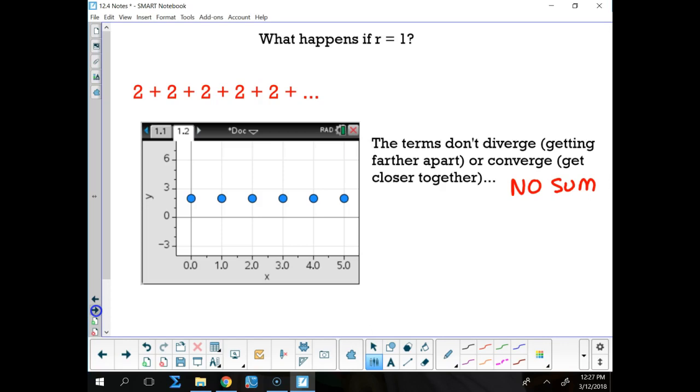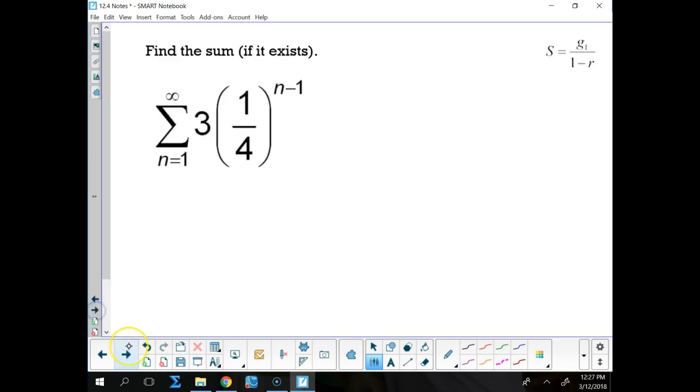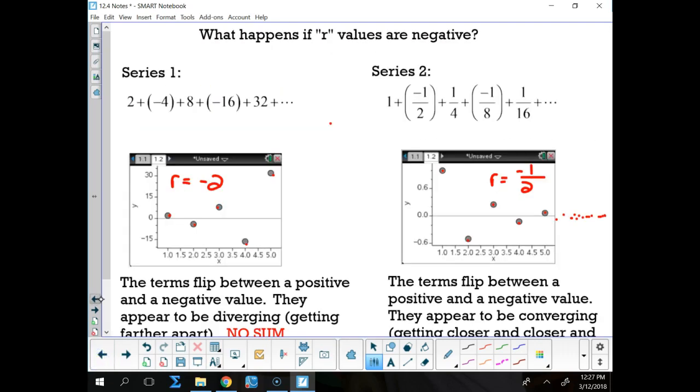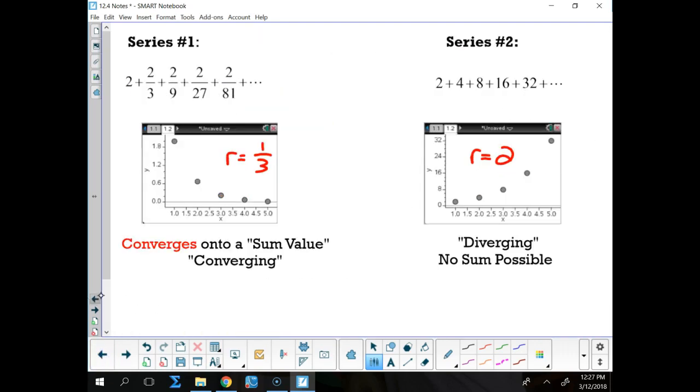So let's put all 5 of those together. Now, which ones have sums, which ones don't have sums? For what R values do infinite sums exist? Greater than 1? Okay, so our first guess was greater than 1. So that would be like Series 2, right?